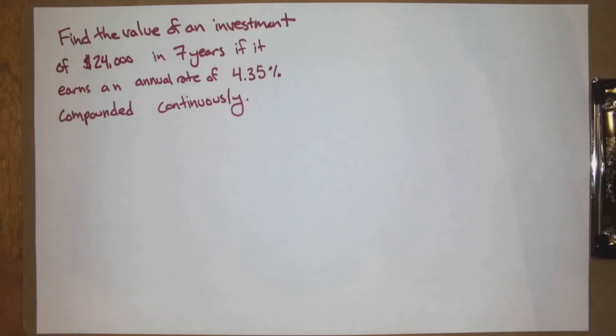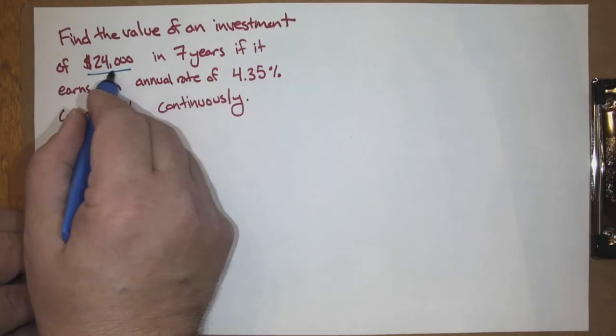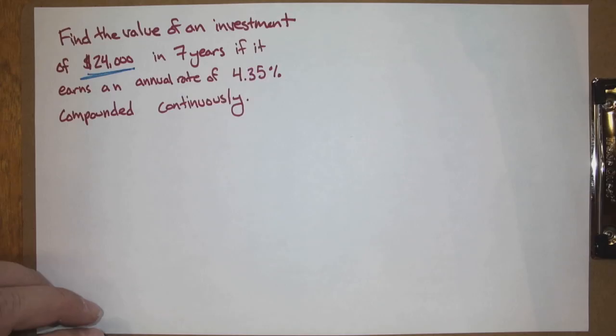But all right, at the danger of making multiple mistakes, we'll try this again. Find the value of an investment of $24,000 in 7 years if it earns an annual rate of 4.35% compounded continuously. All right, so this 24,000 is something slightly different than last time. Last time we wanted to say in the future we want $15,000. This says we have $24,000 now.